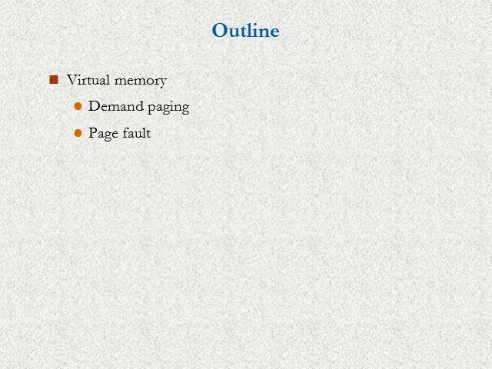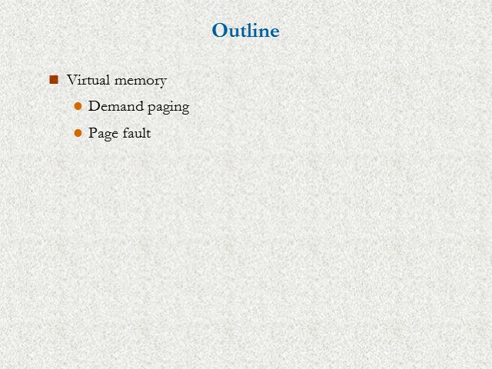So if we merge those two concepts, the concept of paging, where we divide a process into several pages and they are stored onto the main memory in a non-contiguous fashion, and the concept of overlays, where we only load portions of a process regarding its execution and need.